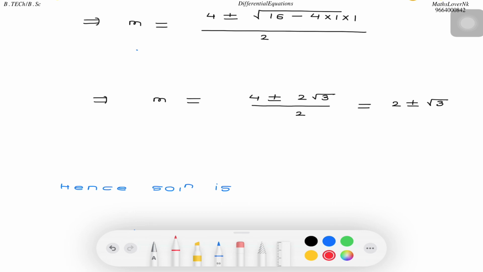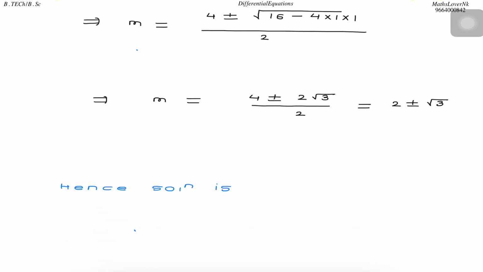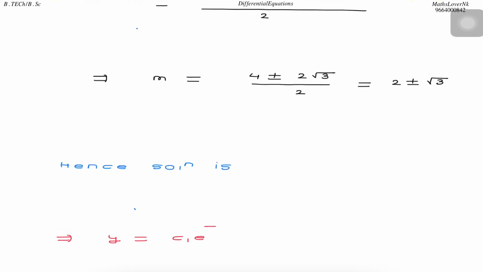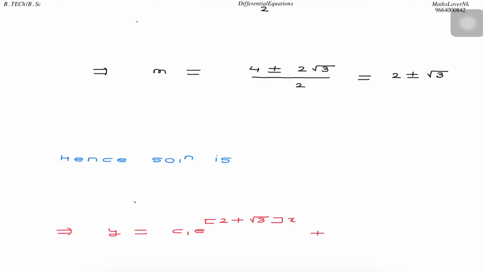Here the roots are 2 plus minus root 3, hence the solution is y is equal to c1 e the power 2 plus root 3 into x plus c2 e the power 2 minus root 3 into x.